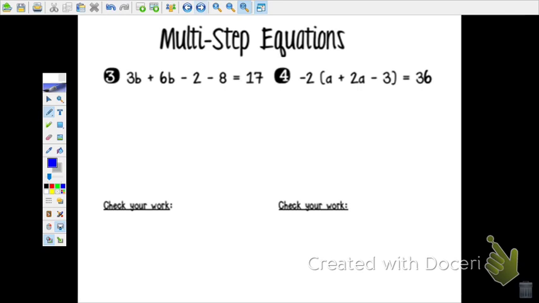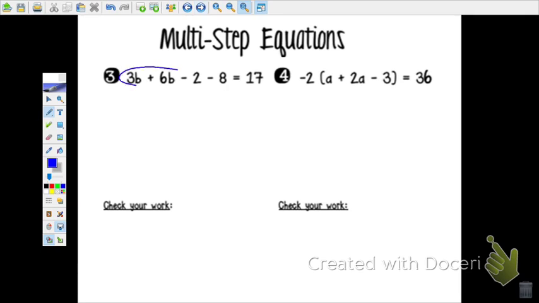We need to remember what it is we're actually doing. When I simplify, combine like terms, I'm only working on one side of the equal sign. We need to remember that.